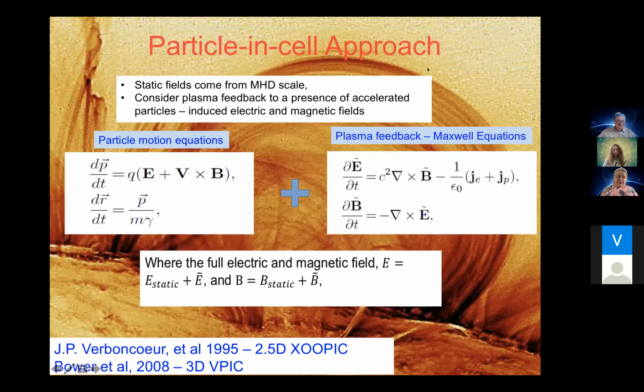For those who don't use PIC, I explain that we not only use the particle motion equation on the left-hand side, which follows the particle trajectories into the diffusion region, but we also evaluate the plasma feedback through the Maxwell equations, the electromagnetic field induced by the same particles, and then we try to separate them.